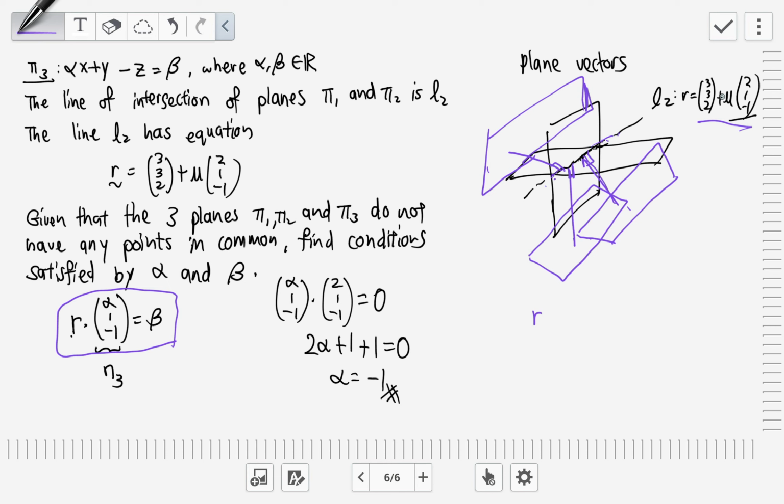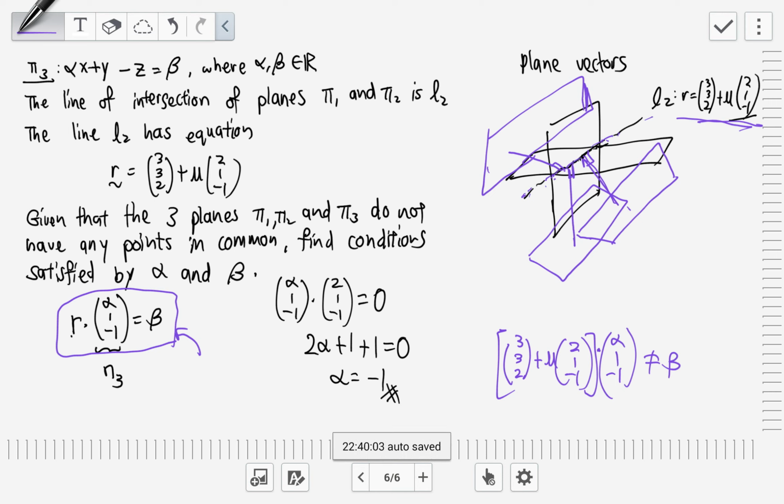If I substitute r = (3, 3, 2) + mu (2, 1, -1), the equation of this line, into the equation of the plane, the dot product with (alpha, 1, -1) must not equal beta. If it's not equal to beta, then the line does not fall on the third plane, so the third plane will not intersect with the first two planes.